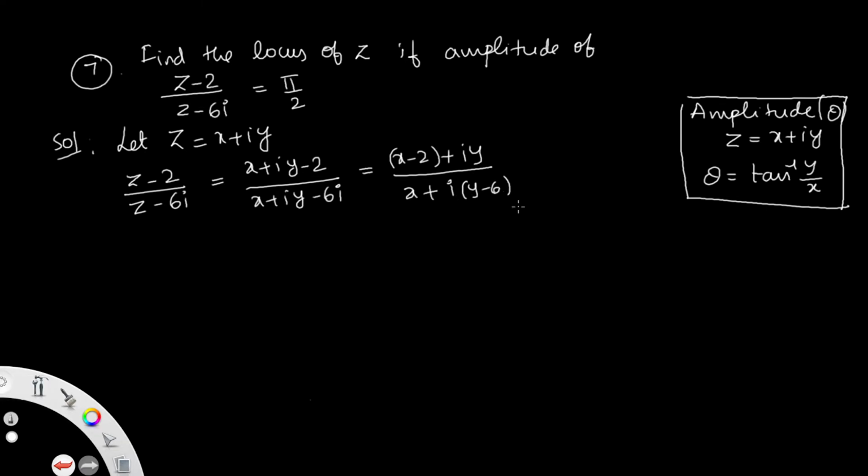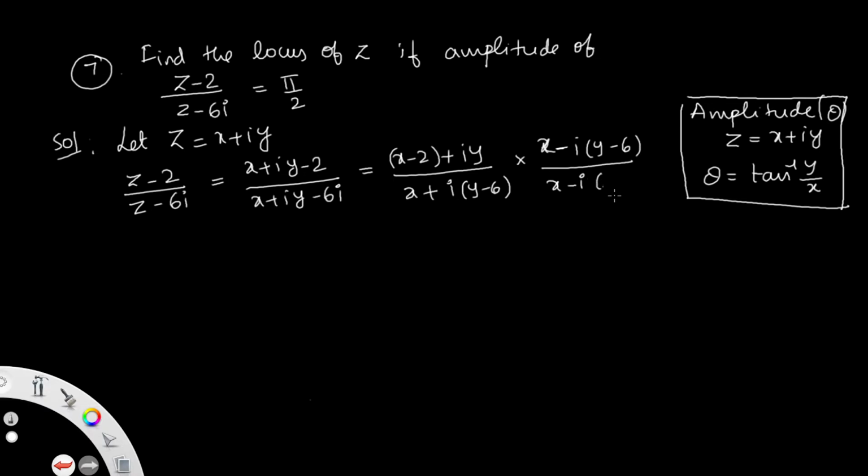Now simplify by multiplying and divided by its conjugate. So the term becomes x minus i into y minus 6, divided by x minus i into y minus 6.